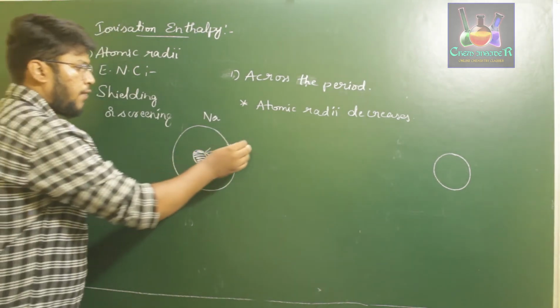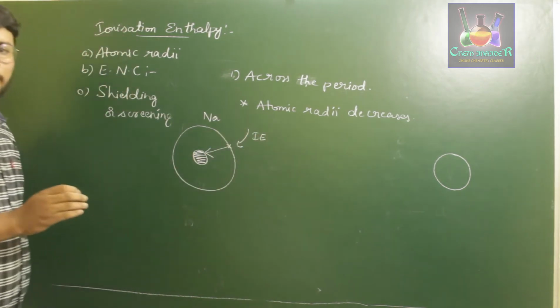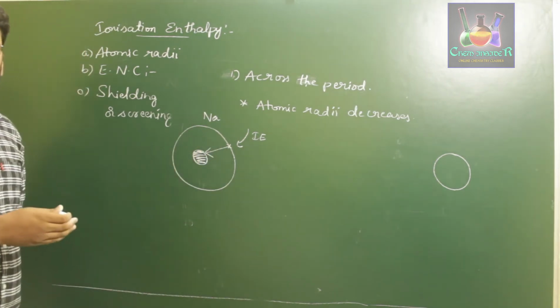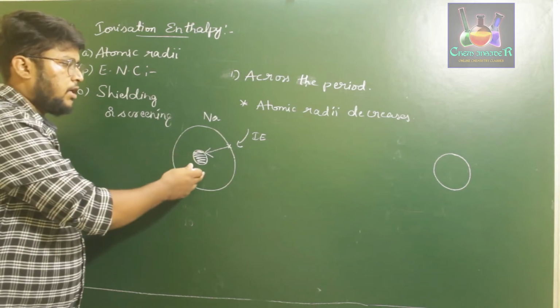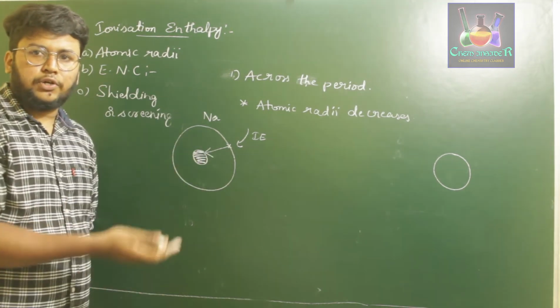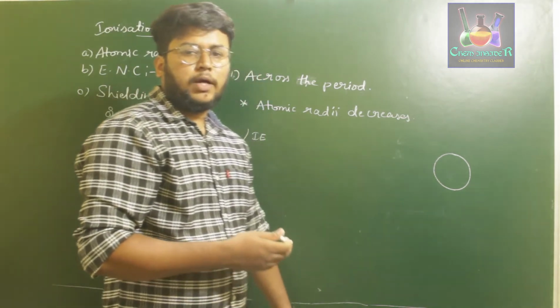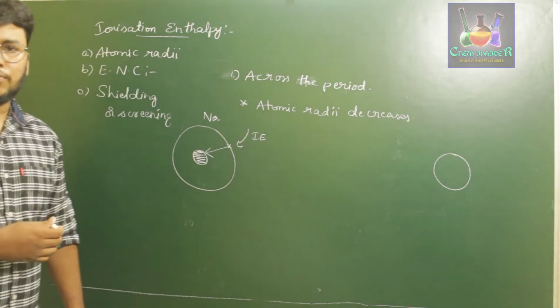That means we have to provide more amount of ionization enthalpy. That is, we need to provide more amount of energy in order to remove an electron if the effective nuclear charge is increasing. That is, for the sodium atom we need less energy in order to remove its electron, whereas for chlorine atom we need to provide a very high amount of energy in order to remove its electron from its outermost shell.